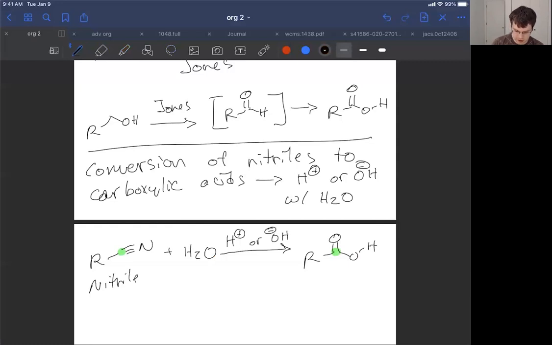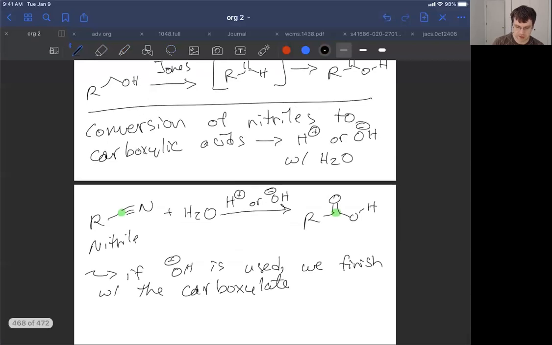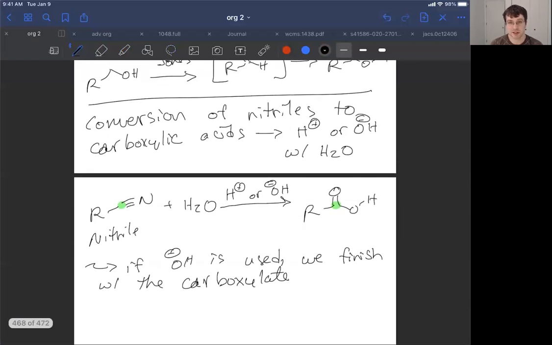Now, I suppose an important thing is that if OH minus is used, we finish with the carboxylate. I just want to make note of that. If we have some base around, we're going to do an acid-base reaction and make a carboxylate.